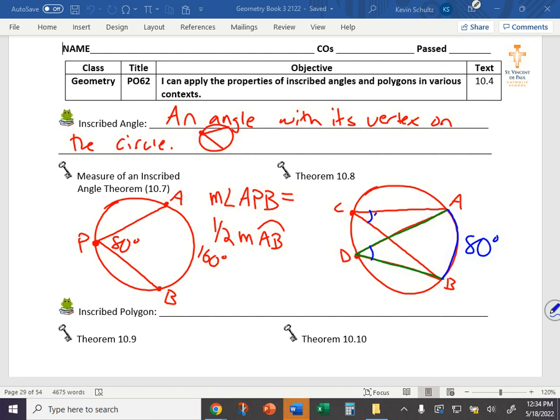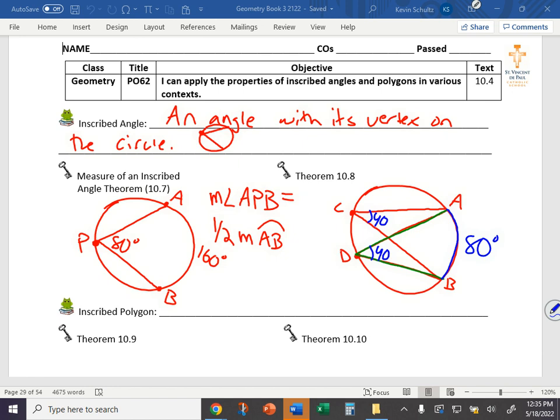ACB is half of 80, that would make this 40. ADB is also half of 80, which would make that 40. Okay? So Theorem 10.8 talks about how to tell if you have congruent inscribed angles. If they create the same arc, then they are going to be congruent.